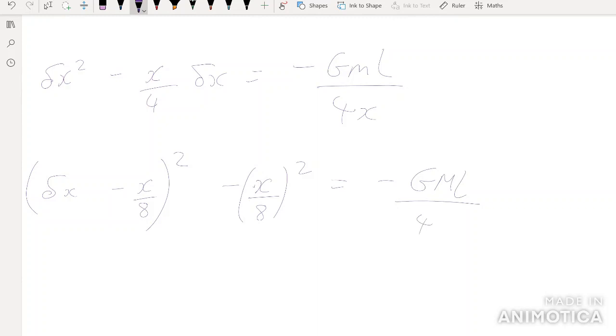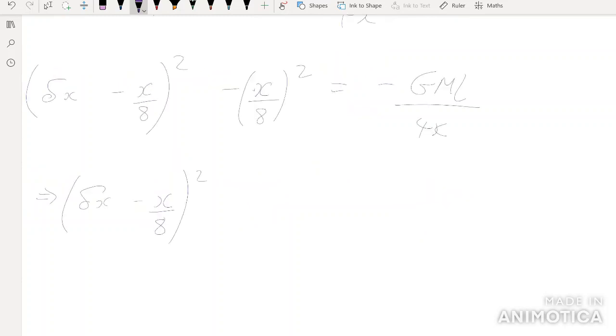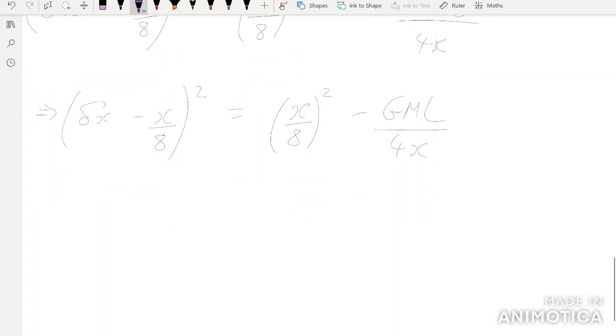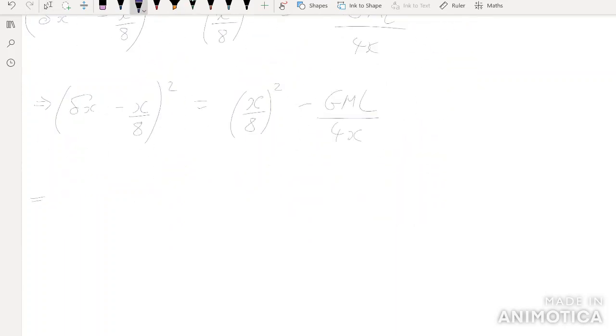Then we have finally delta x minus x over 8 squared equals x over 8 squared minus gml over 4x. And so square rooting, bringing across the x over 8, we get delta x is roughly equal to x over 8 plus or minus the square root of x over 8 squared minus gml over 4x.